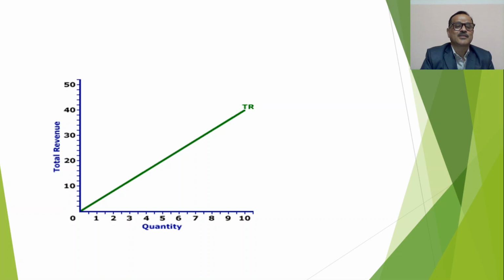Here TR, you can see TR is increasing at the same rate. If TR moves from the origin bisecting the axis, it means TR is increasing at a constant rate.